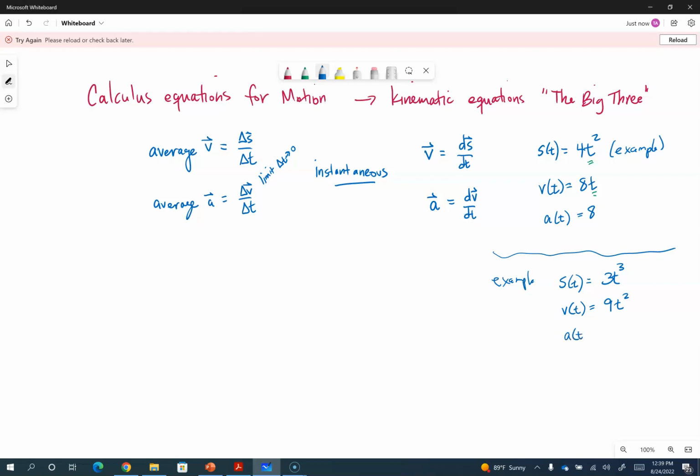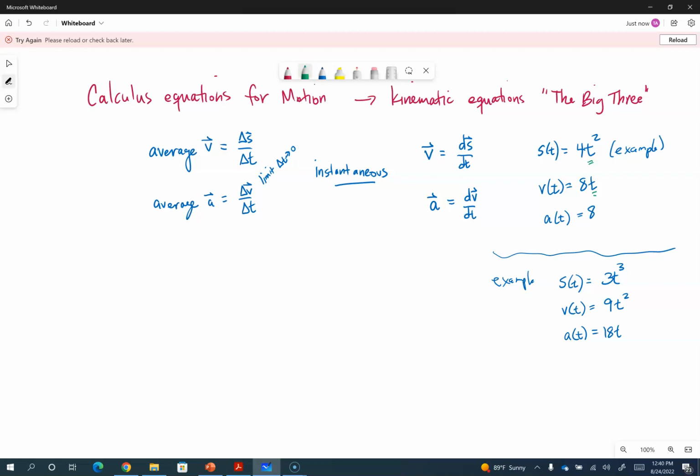We take the derivative again, we'll get 18t. This represents that the acceleration is also changing with time. Ultimately, all that means is that the velocity is not going to increase or decrease at a constant rate. It's going to increase or decrease at a changing rate, which is fine.